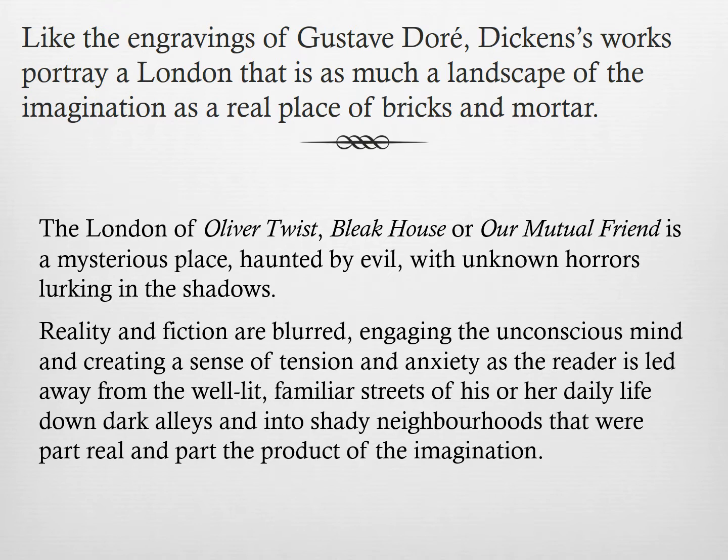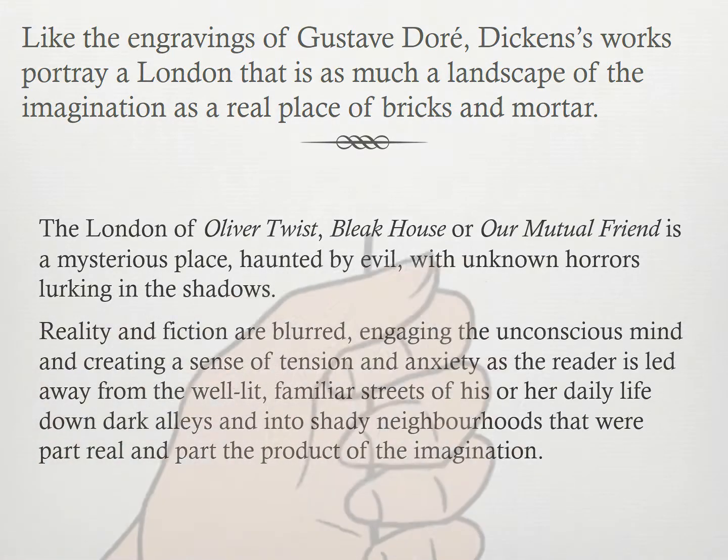So the unconscious mind is filled with a sense of tension and anxiety. We're led away from those familiar streets that we walk down every day into the dark alleys of the city, the dark, hidden corners of the city. And who knows what is there?